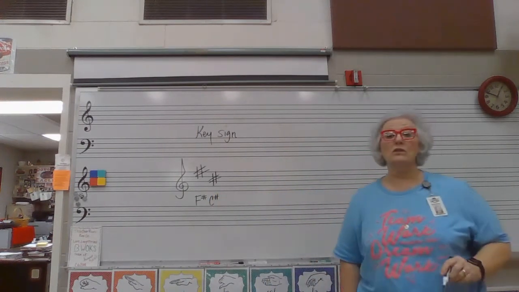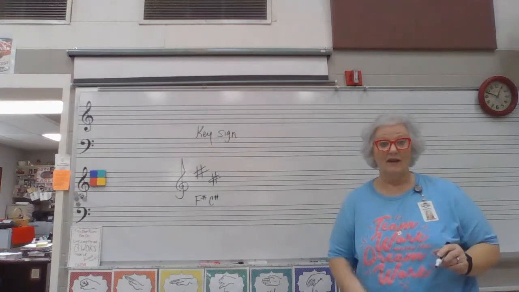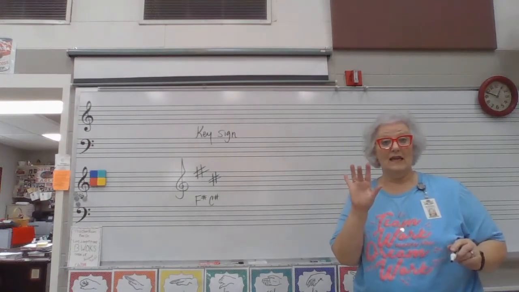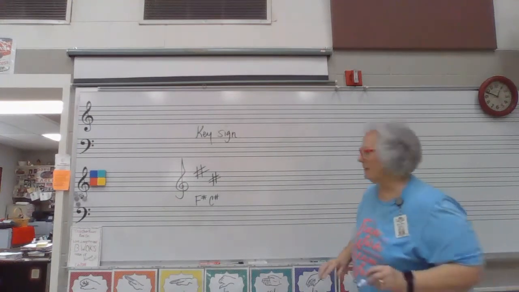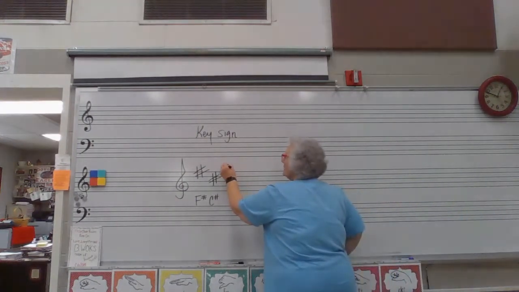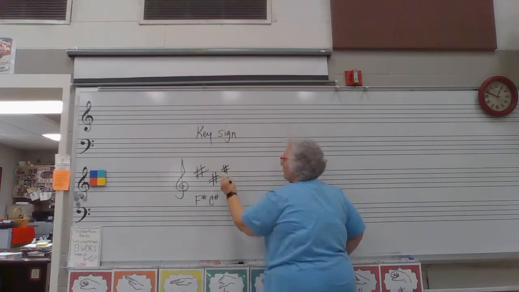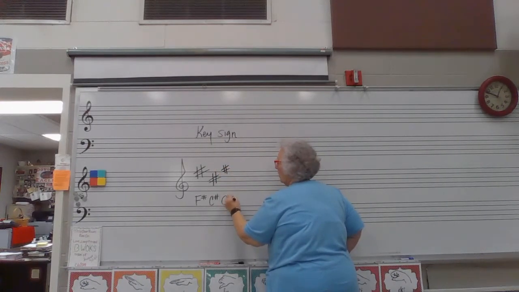Okay, we're going to start at C and we're going to count up 5: C, D, E, F, G. That's the next sharp added. And it sits on the top line. G sharp.